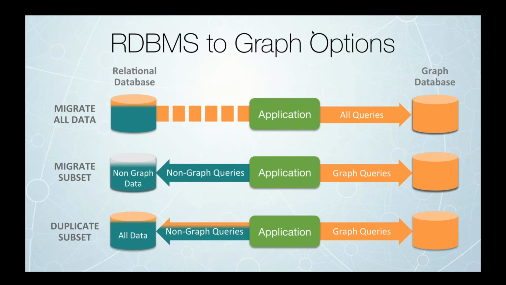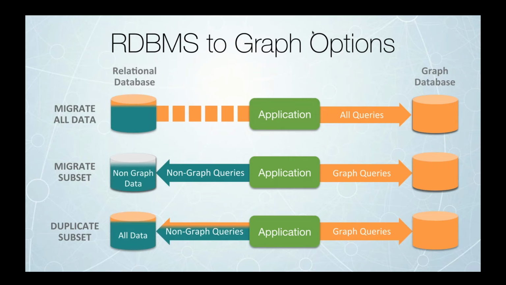So let's talk about moving data from a relational database to Near4J. And if you think about this, there are 3 approaches here when we're introducing Near4J. The first is simply migrate all of the data into Near4J, and then all queries go from your application to Near4J.